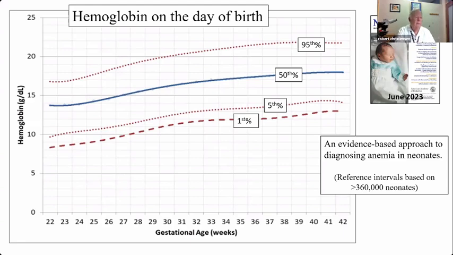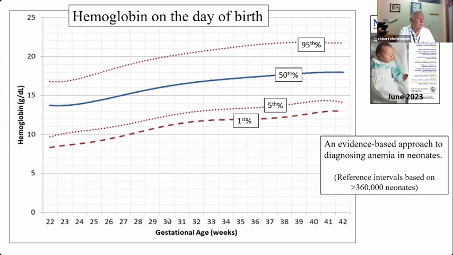This reference interval is based on over 360,000 neonates curated for the absence of pathology as best we could. And if you want to find this, it's in the June 2023 NeoReviews.